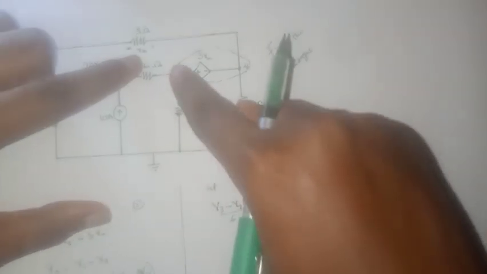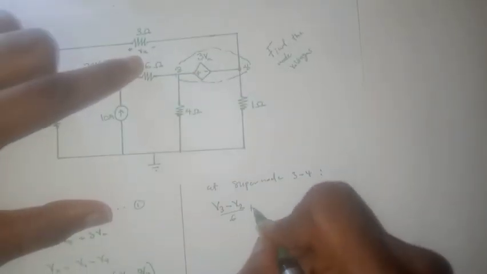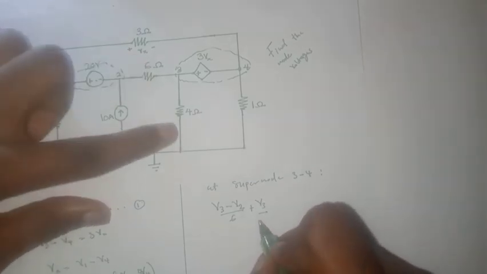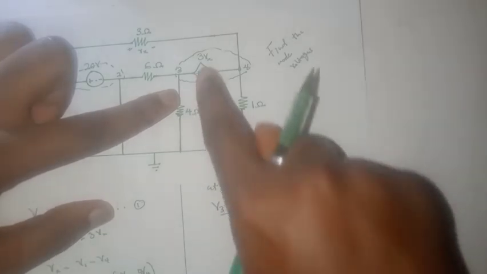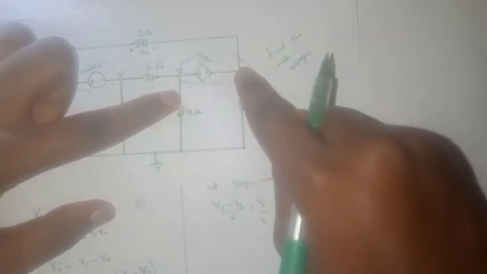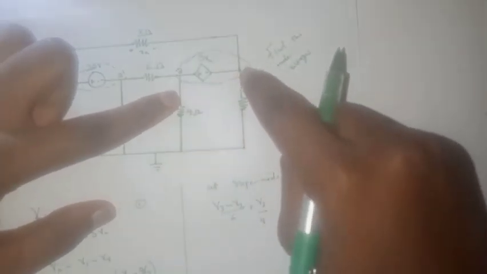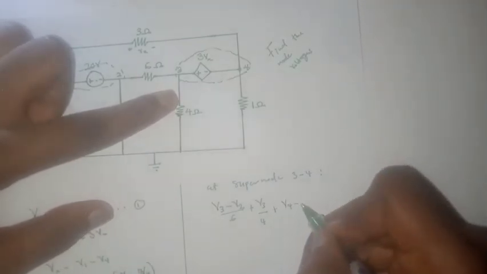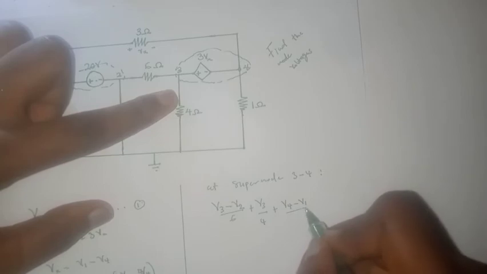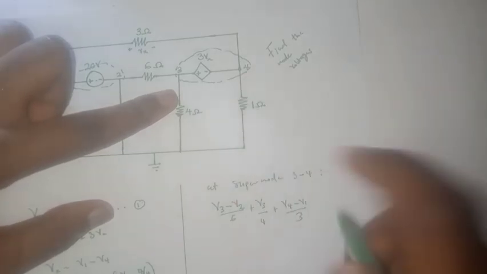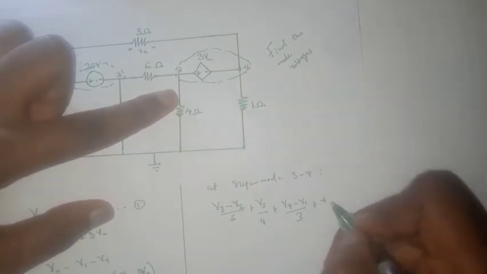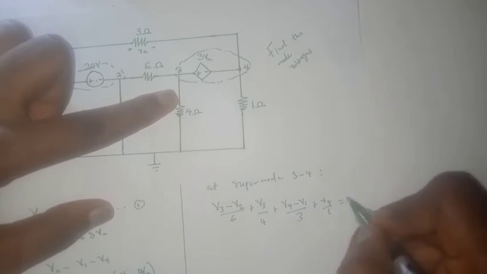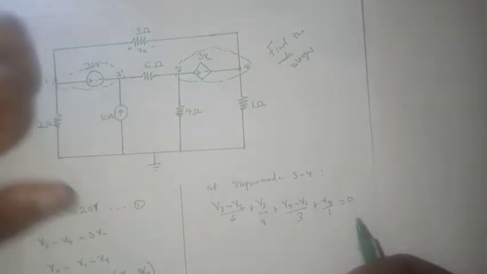Then this branch, that will be plus V3 divided by 4. Then we skip the voltage source branch and move over to the other node, and that would be (V4 minus V1) divided by 3, then plus V4 divided by 1, all equal to 0.